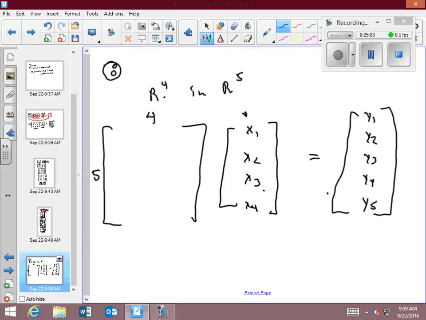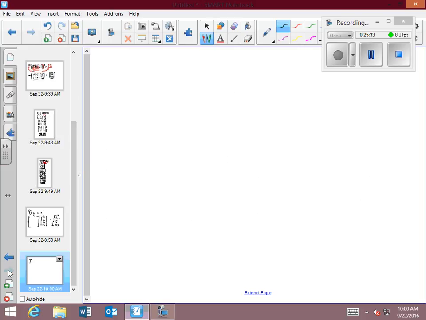So 9 and 10, it says for all x in R4 that are mapped into the zero vector by the transformation x is Ax for the given matrix A, find all x. Okay, so 10.